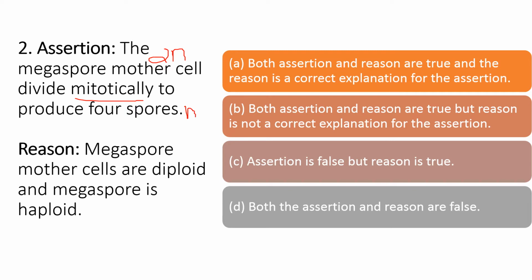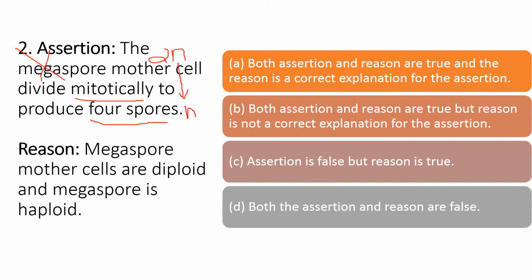Mitosis is an equational division and meiosis is a reductional division. Here the number of chromosomes is reduced. So there must be meiosis, correct? So the megaspore mother cell always produces megaspores through meiosis, not mitosis. So the assertion is wrong.